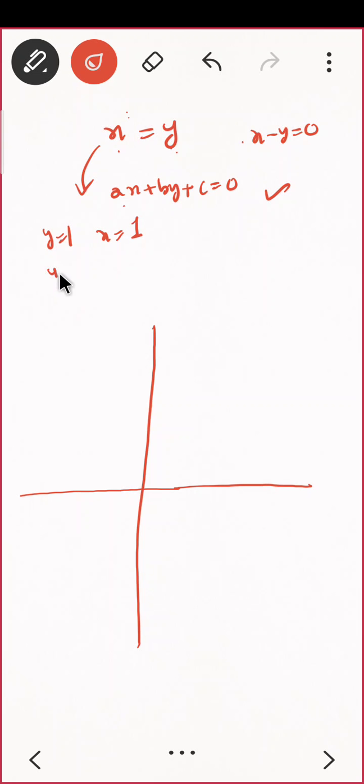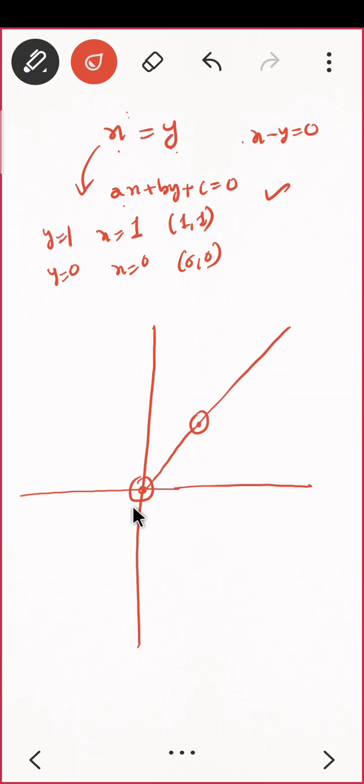If I put y is equal to 0, then x is also 0. Do you agree? So this is 1 comma 1 and this is 0 comma 0. The point 0 comma 0 will be here and 1 comma 1 will be somewhere here. Do you see the straight line? Okay, so now this is the straight line.